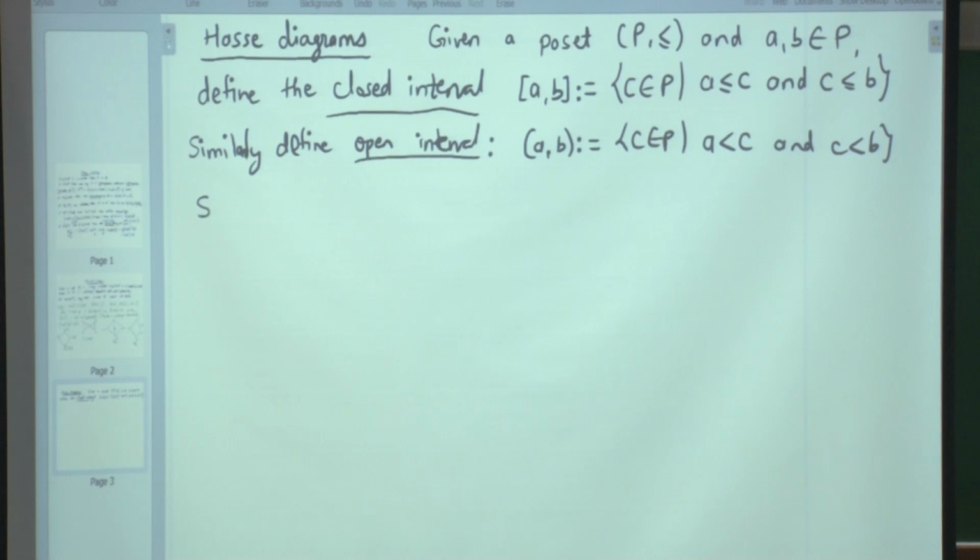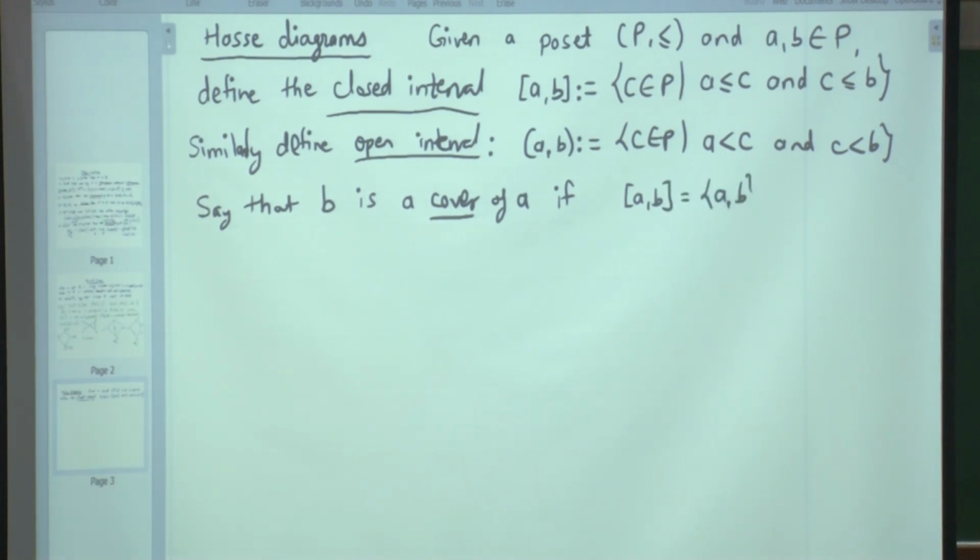Now say that B is a cover of A if the interval AB consists of only two elements and A is not equal to B. Cover means that it is immediately above it.